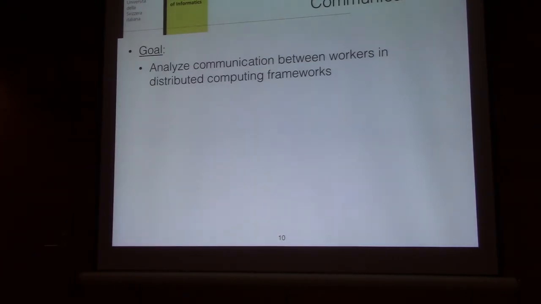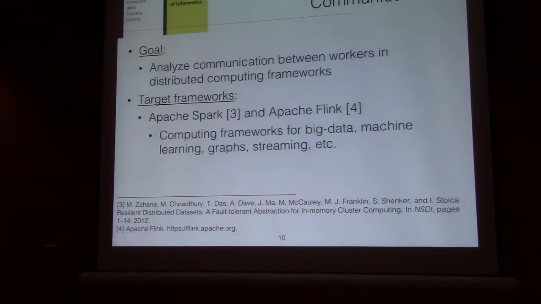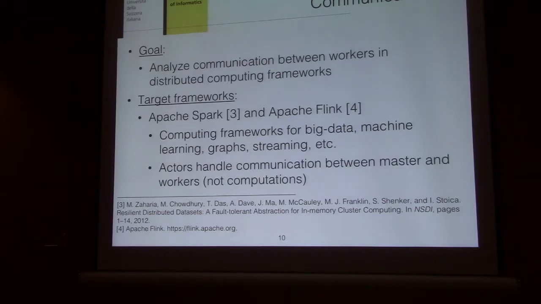In particular, our goal here is to analyze what is going on in two big data computing frameworks, Spark and Flink. Those are frameworks used for big data applications. More recently, they've also been used for machine learning, computations on graphs, streaming, and so on. Both utilize Akka actors to handle the communication occurring between the master and worker nodes, while computations are carried out by other entities, so we don't care about computations here.